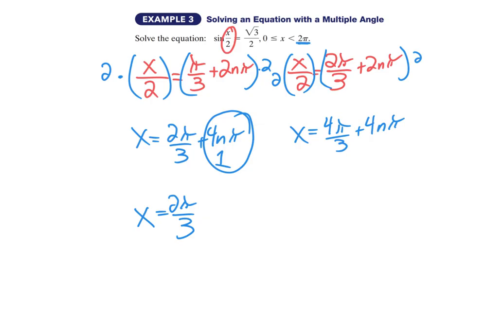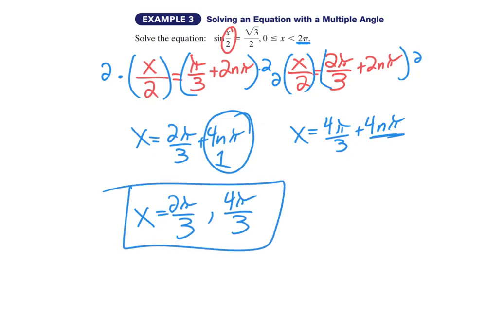So I do not need to really go through the table, but that would be the process if there were more values. And so my other one, from my other equation, when n is 0, is 4 pi thirds. If I put in 1 again, that will be over the 2 pi. So my two solutions are 2 pi thirds and 4 pi thirds.